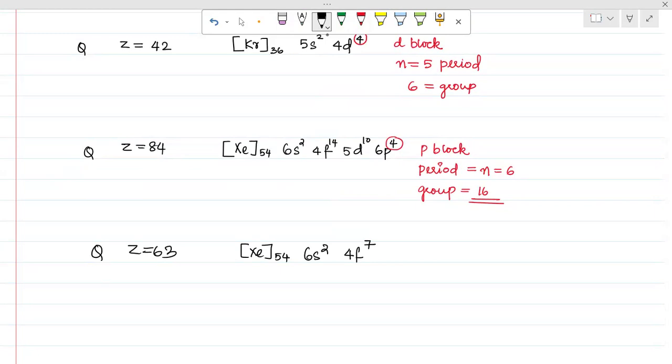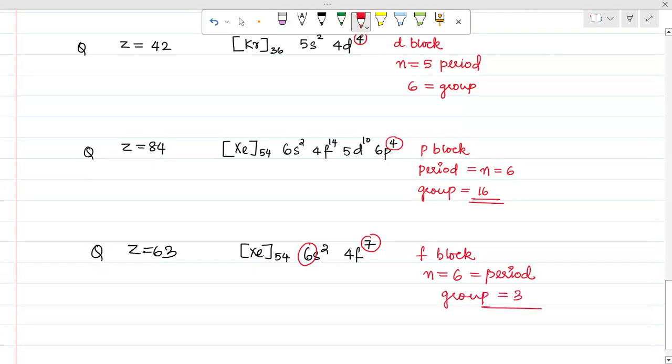Yes. So this is 63. Which block does it belong to? The last electron is entering into the F subshell, so this is F block. The largest value of the principal quantum number here is 6, so n is equal to 6, and that is the period. Now the group is left. Always F block elements belong to group 3.